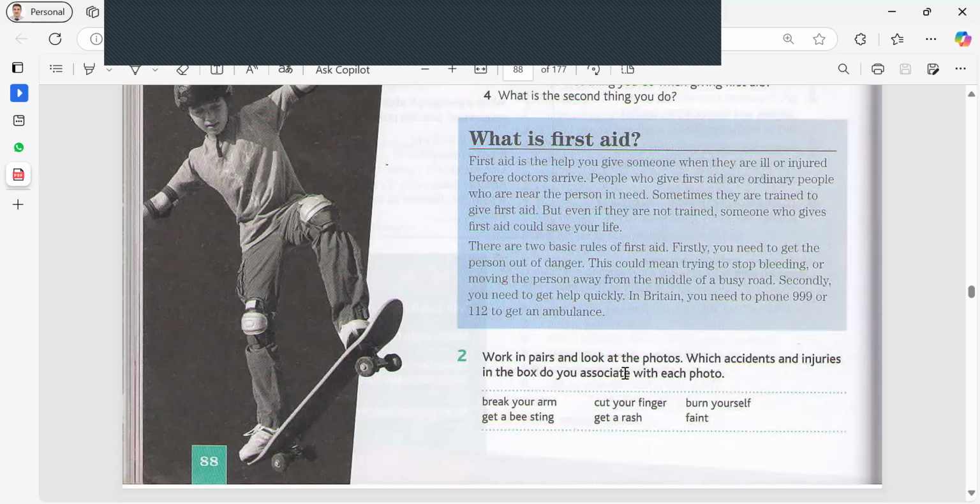Like a bee sting. Have you ever got a bee sting? No, teacher, I haven't. Alhamdulillah.